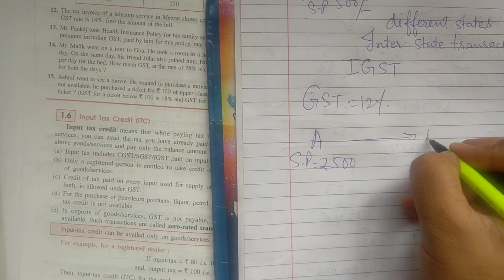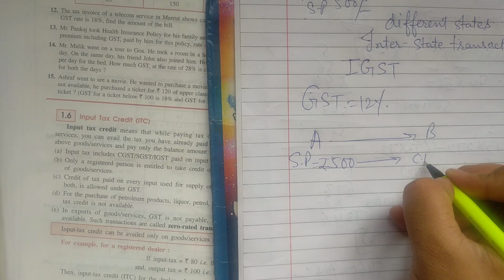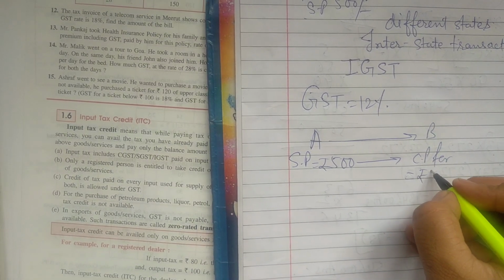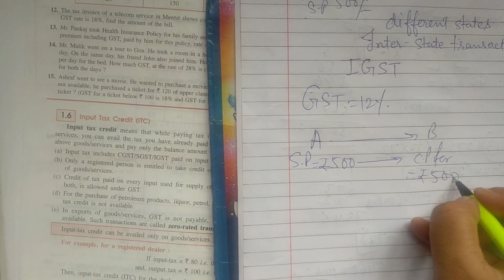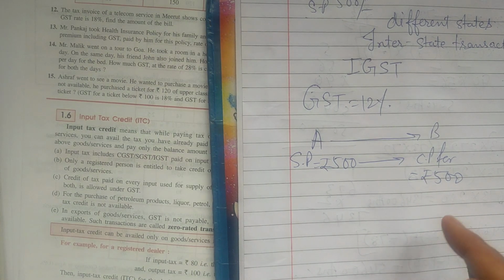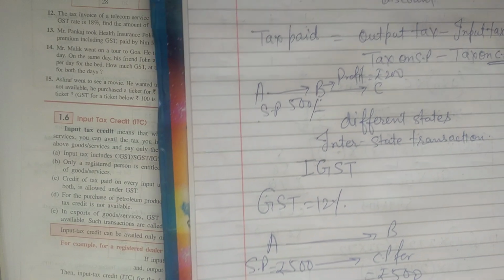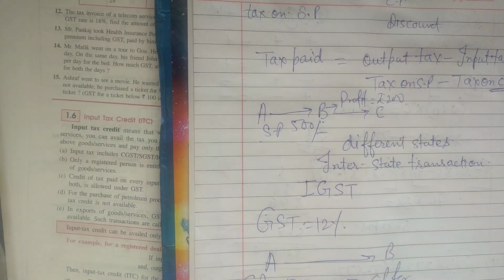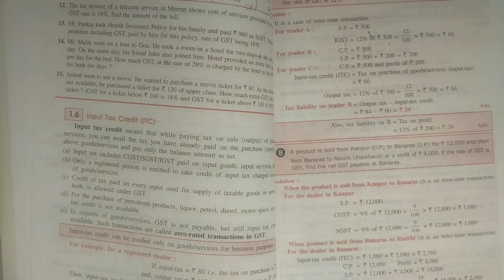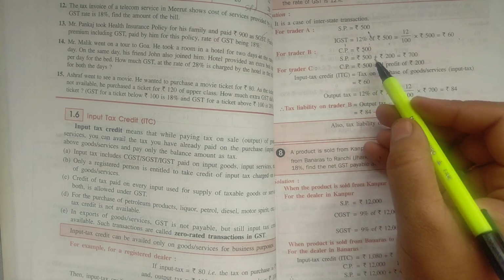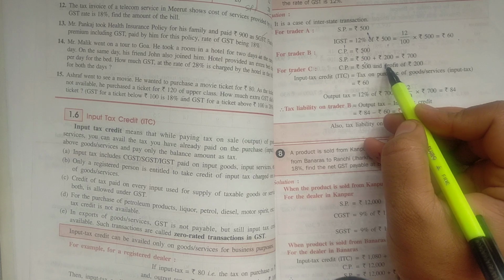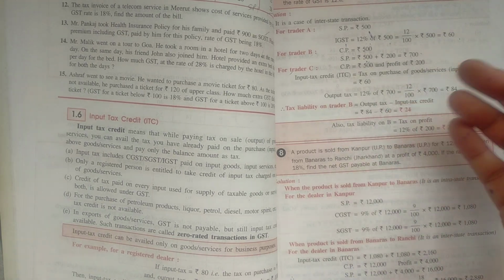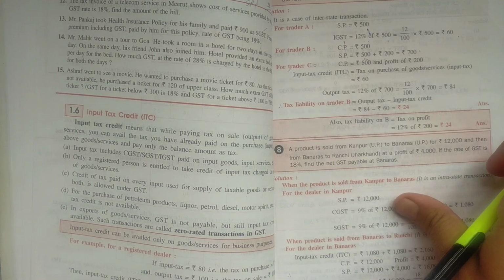Then this will be the CP for B. CP is equal to 500, and he is also taking a profit of 200 rupees when he is selling to C. So here CP for B is equal to 500 plus 200 is equal to 700, because he is taking the profit.